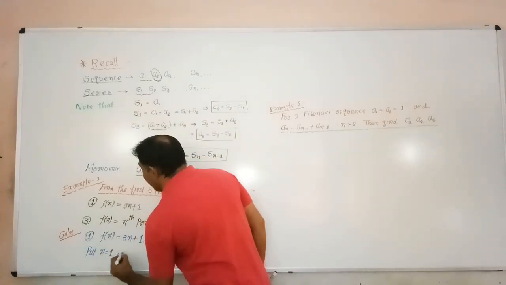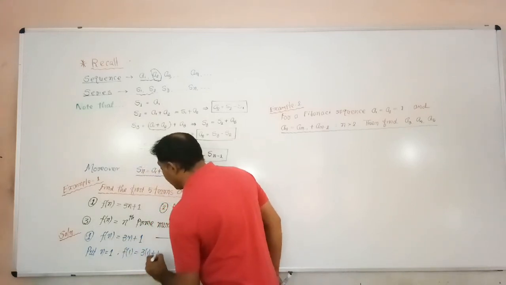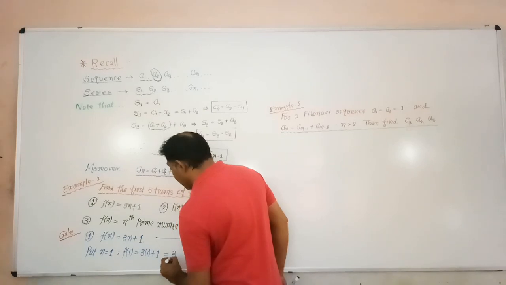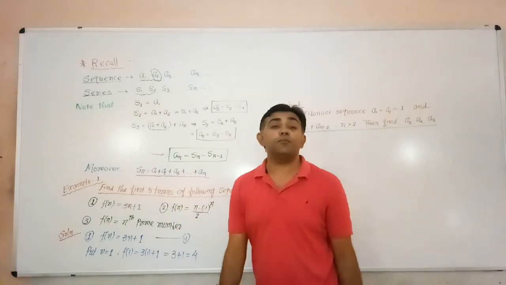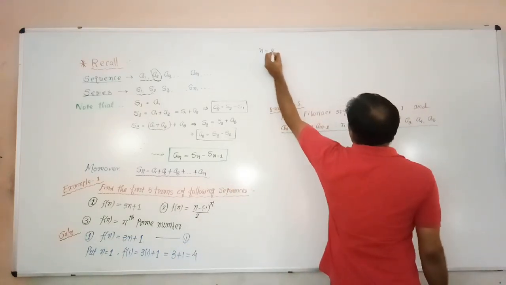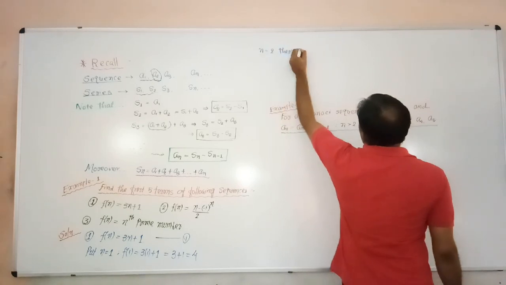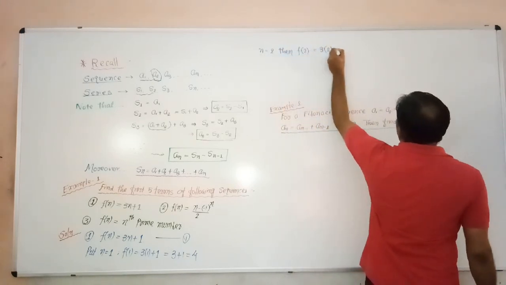Then f of 1 is 3 into 1 plus 1, which is 3 plus 1, meaning 4. So 4 is the first term of this sequence. Put n equals 2. Then f2 is 3 into 2 plus 1.